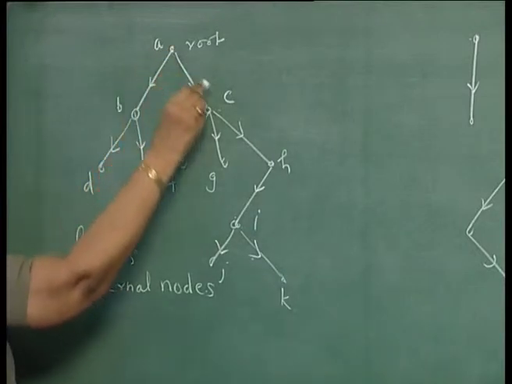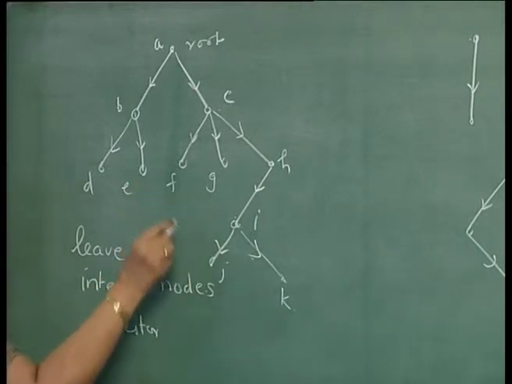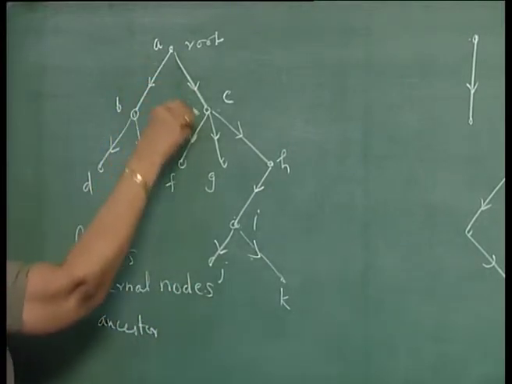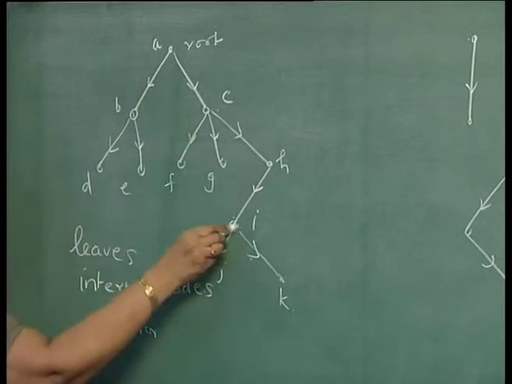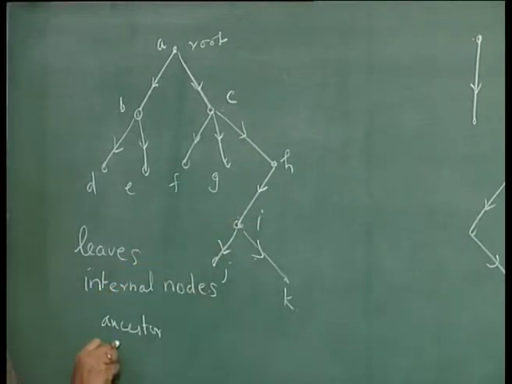Now, A is an ancestor of I. In the path it comes before I from the root. C is also an ancestor. I is called a descendant.